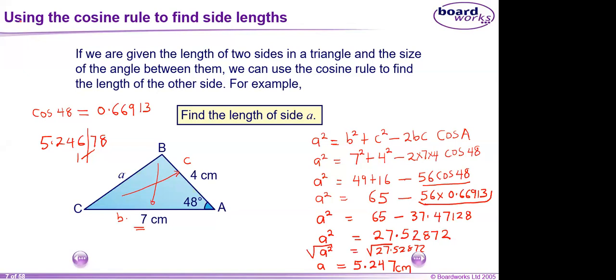His question is why did we add 2BC and cos A? Like, why did we add them? Why did we add them?